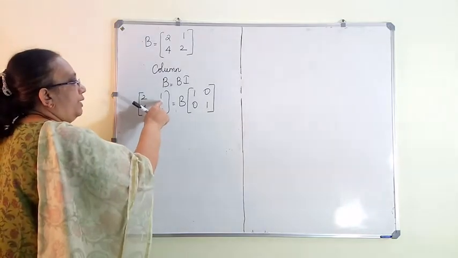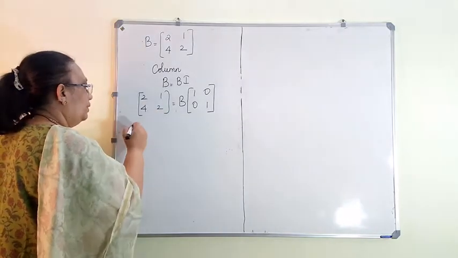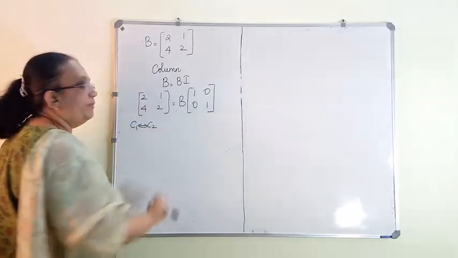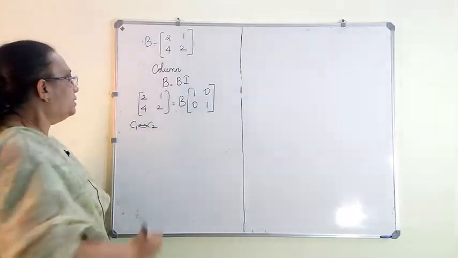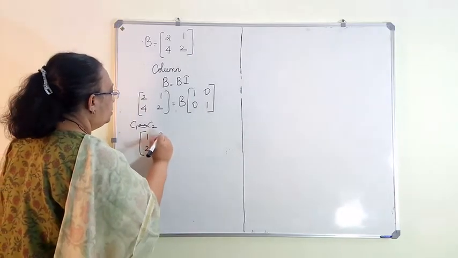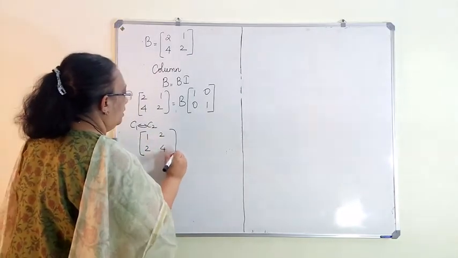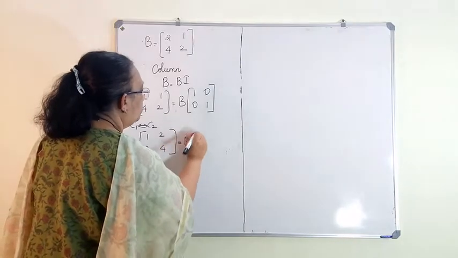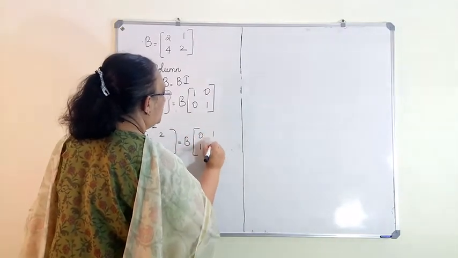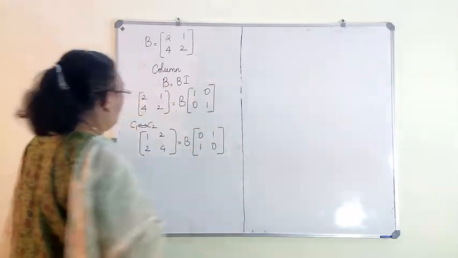Now I have 1 over here. So what I'll do is I am switching C1 and C2. I am interchanging C1 and C2. [1, 2; 2, 4] equal to B into [0, 1; 1, 0]. Okay.